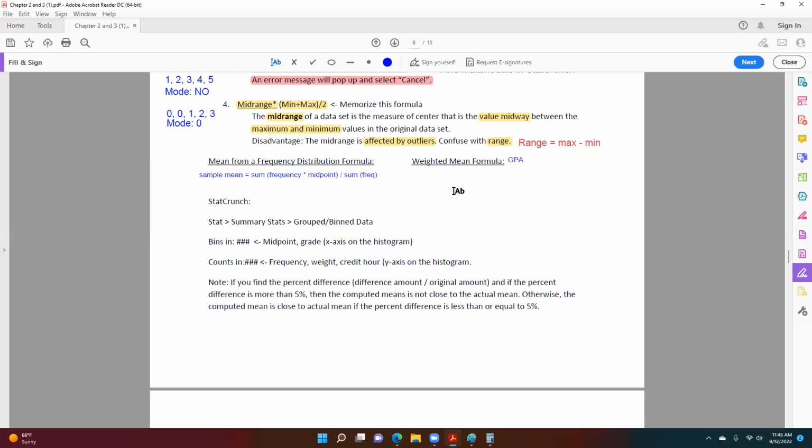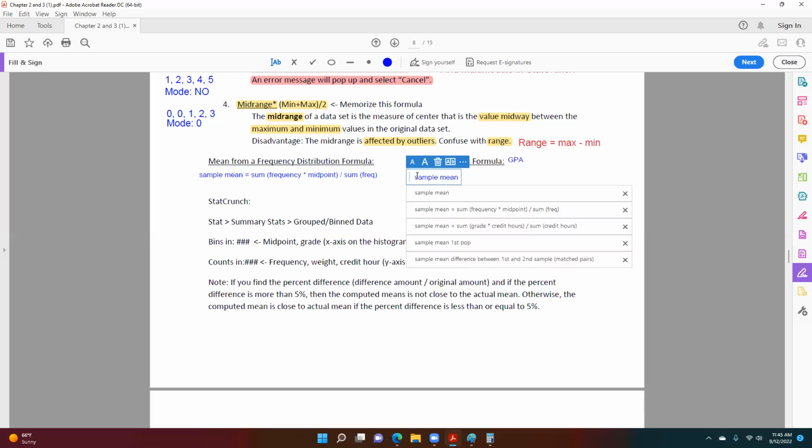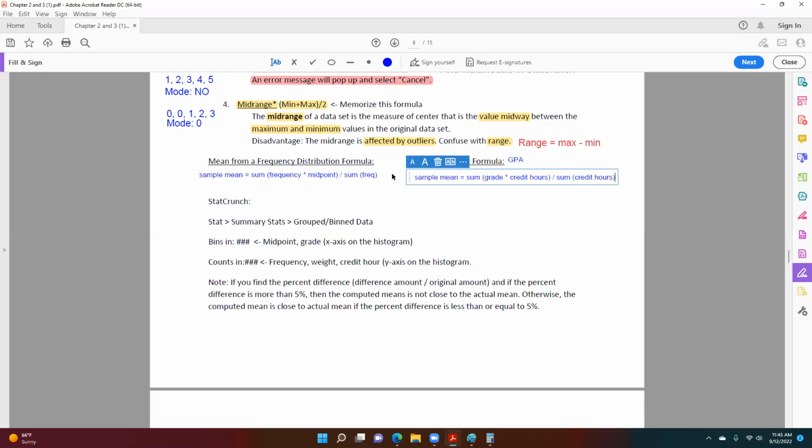Say you earn an A in the class, what are your credit hours? If your credit hours are 5 and you got an A, that counts for more than if you got an A in a 3 credit hour class. So that's why it's based on weight. The formula for the weighted mean is very similar to the mean for the frequency distribution formula.